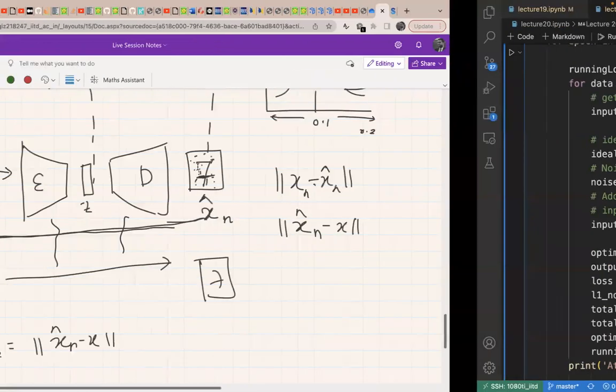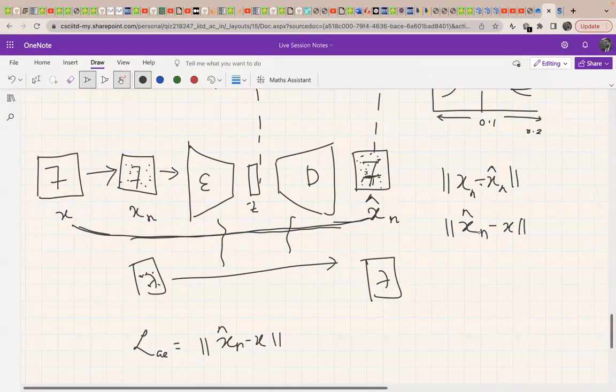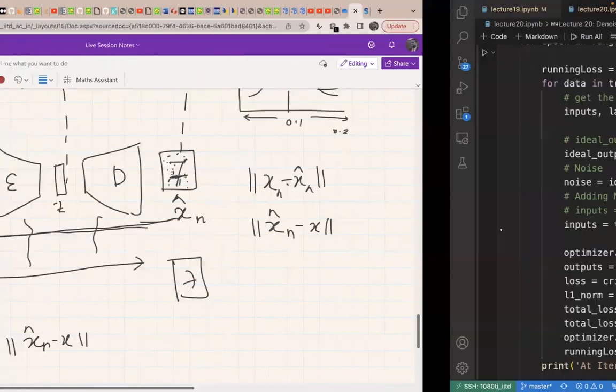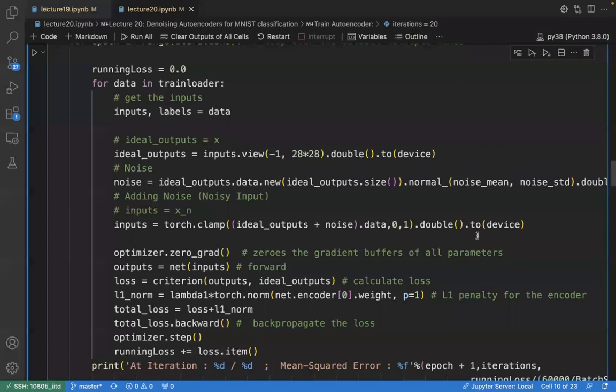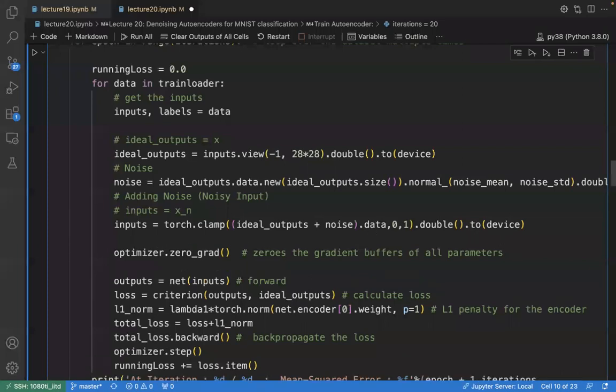So we need the difference, the loss between xn hat and x. So outputs equals xn hat. Outputs equals x subscript n superscript xn hat. So x hat n, I can say.